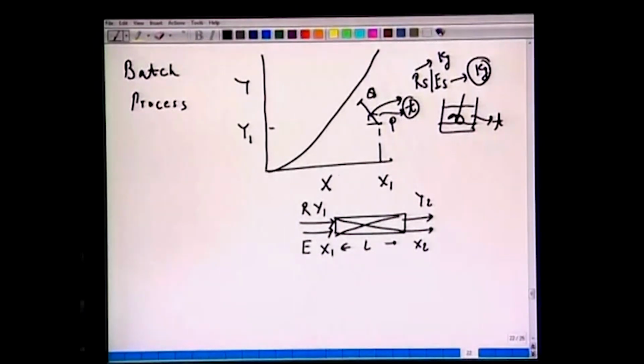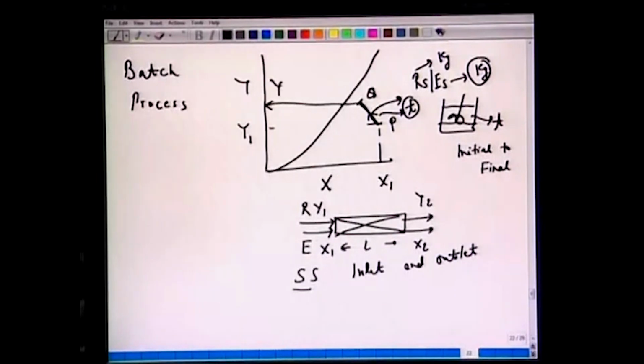If we make a material balance now from initial to final, unlike here where we have a steady state and make a material balance between inlet and outlet, notice that we will get the same results. Now we are drawing P to Q. The composition here is y2 after a certain time, and the composition here is x2 after a certain time. So we have achieved x1 minus x2 or y1 minus y2, these two differences, over a time t instead of over the length L. Otherwise our mathematical treatment is the same as before.